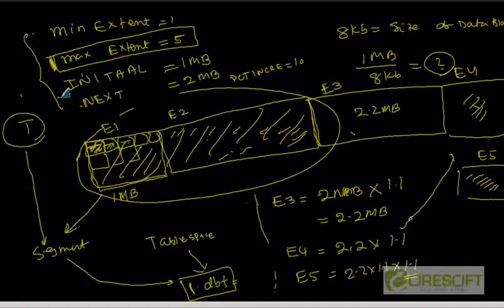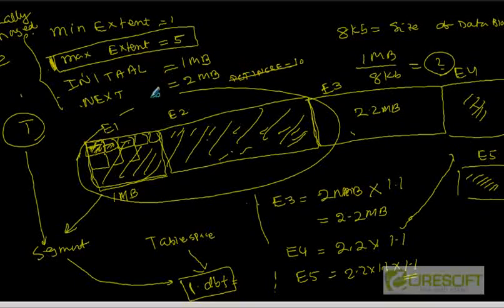To be honest, starting from 10G, these parameters are just useless, because we use a concept called locally managed table space. So use a table using locally managed table space. In locally managed table space, initial is equal to next, and PCT increase is 0.